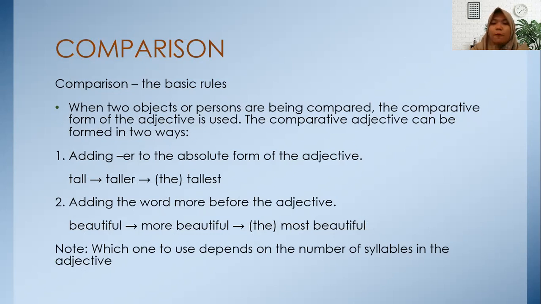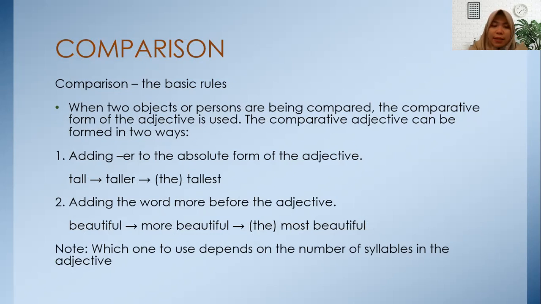For the superlative, "the" is very important. So tall, taller, and if you want to make it superlative, it will be the tallest. The second one is adding the words "the most" before the adjective, because this is superlative. So beautiful, more beautiful, and for the superlative you need to use "the," so the most beautiful.